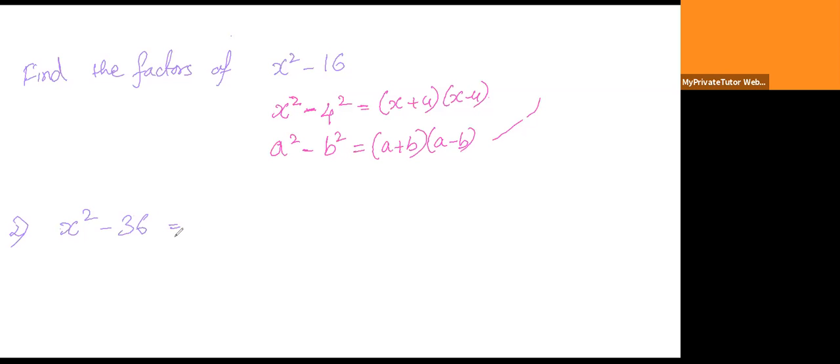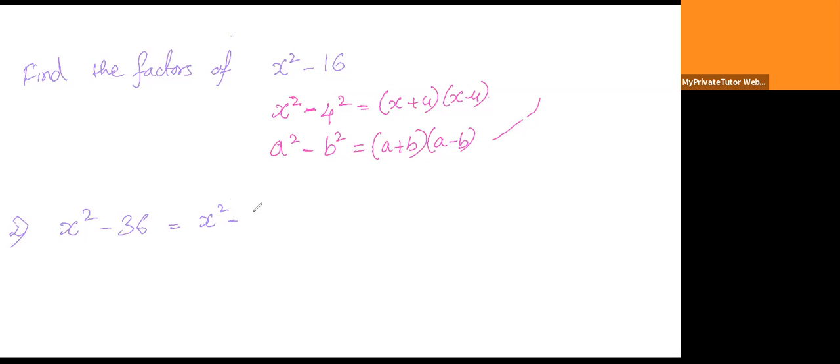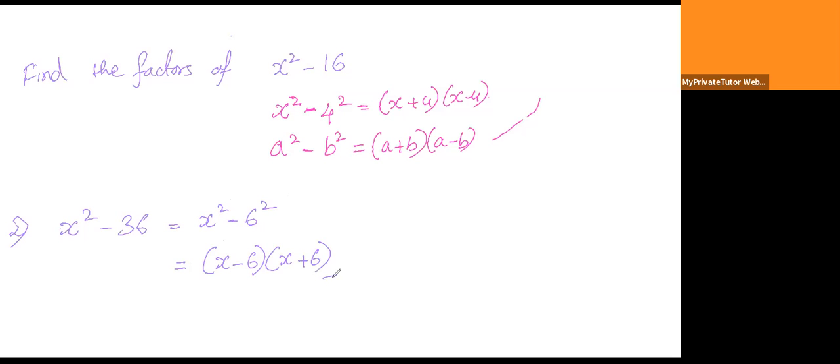Can anyone tell me the factors of x square minus 36? Anyone? X square minus 6 square. Very good. So that is an extension. So what are the factors? It will be x minus 6, bracket x plus 6. I hope everyone understands.